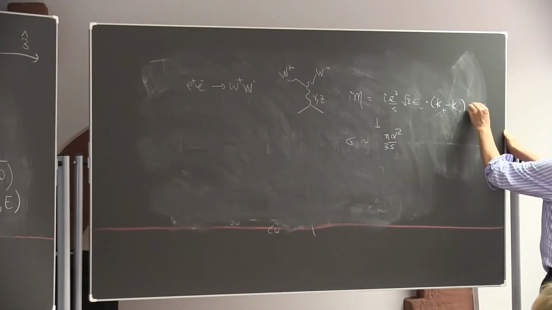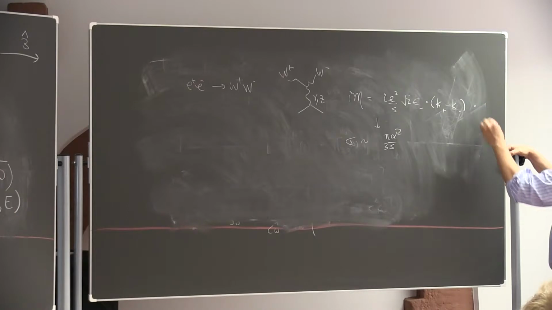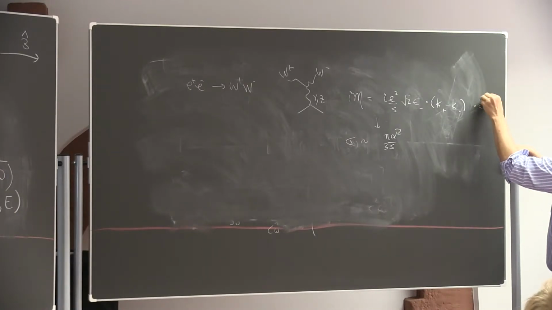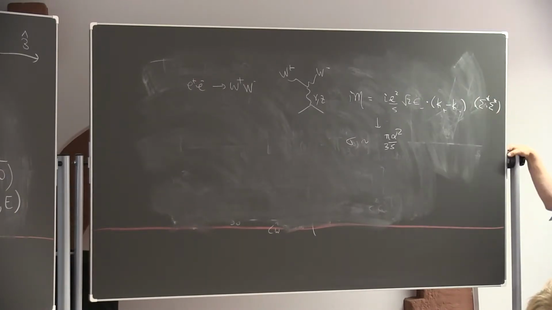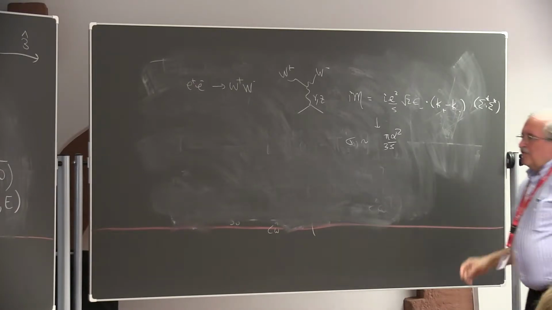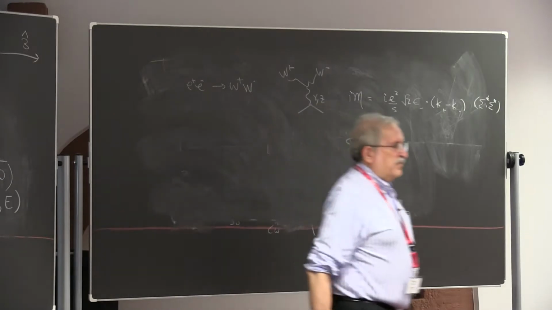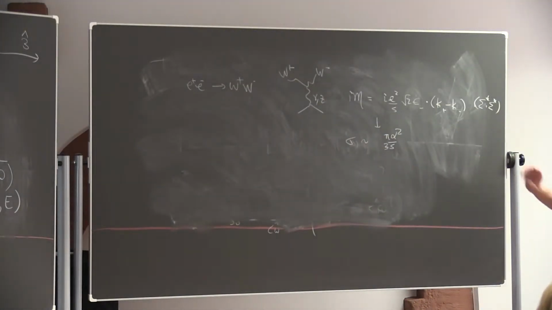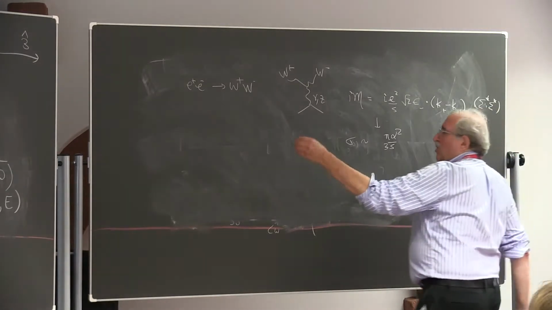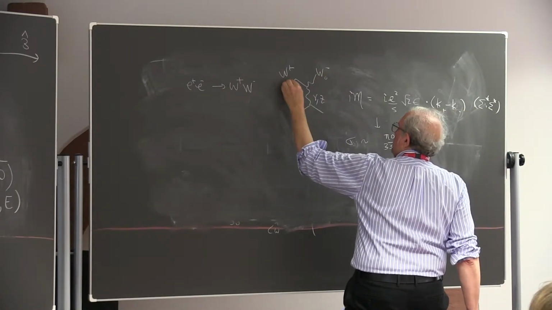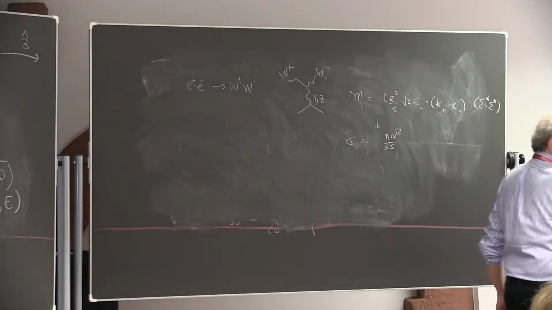So now we have to do something with the W polarizations. And a simple thing to do is to dot them into each other. If we dot the transverse polarizations into each other, we'll get numbers of order 1. And this cross-section will be extremely well behaved. However, if we choose the longitudinal polarization state for the W's, we end up in trouble.